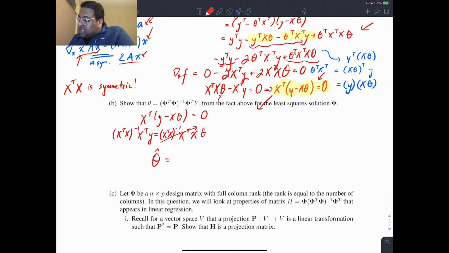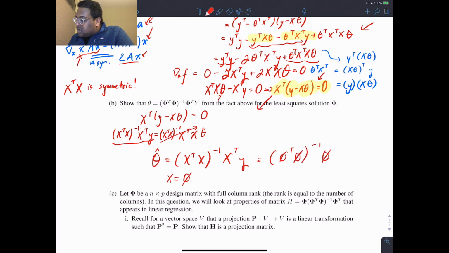Theta hat is equal to X transpose X inverse X transpose Y. And now remember, we had that X is equal to phi, and to write everything in terms of phi, I can just write phi transpose phi inverse phi transpose Y.